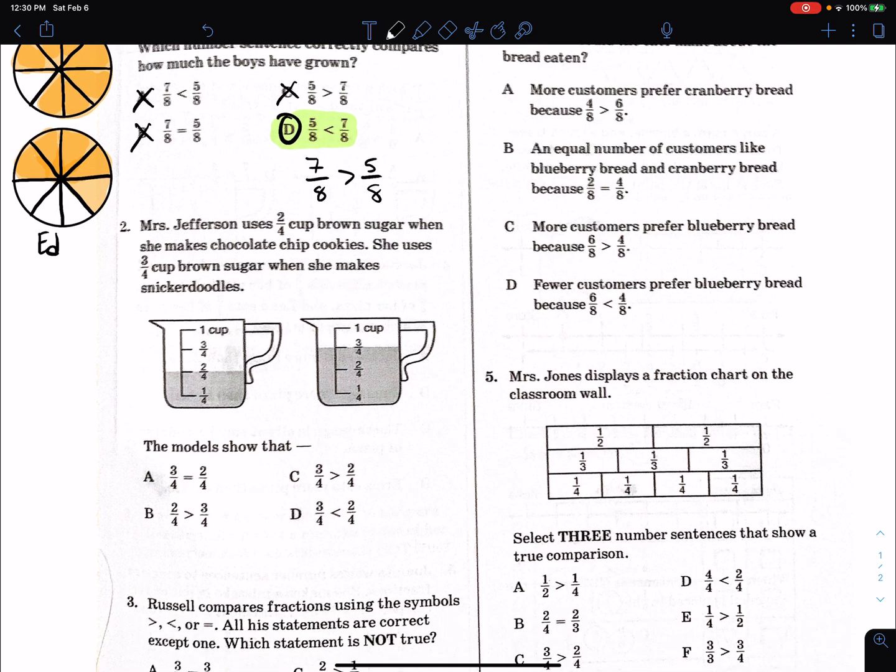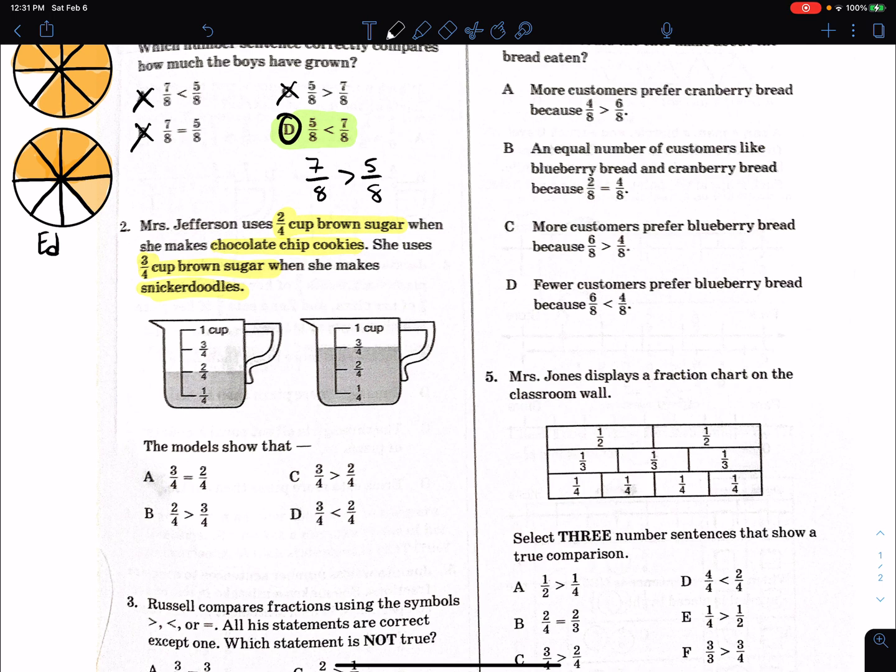Mrs. Jefferson uses 2/4 cup brown sugar when she makes chocolate chips. She uses 3/4 cup brown sugar when she makes snickerdoodles. The model shows that. Okay, so we have these two models, and we know that the 2/4 is going to be brown sugar when she makes chocolate chip cookies, and she uses 3/4 brown sugar when she makes snickerdoodles.